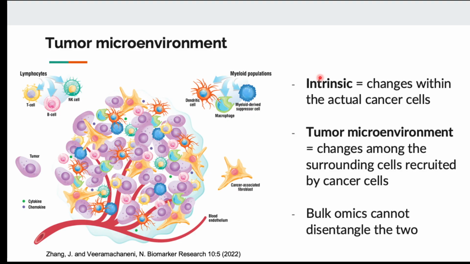When people studied cancer in the past, with only bulk analysis, we analyzed gene expression and mutation profile of the whole tumor, or maybe some part of it using a biopsy. But we don't really understand the molecular changes that occur inside the actual cancer cell. We only see the average.